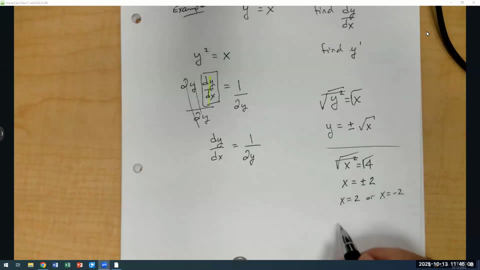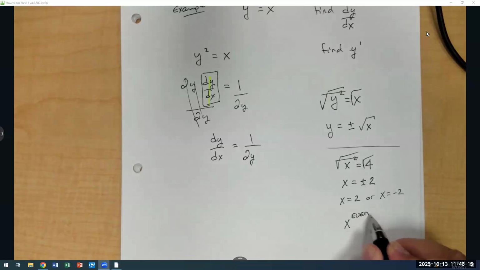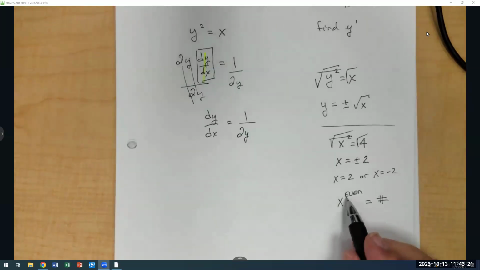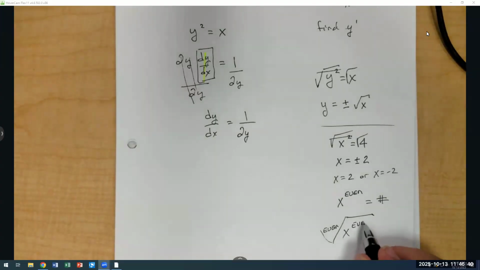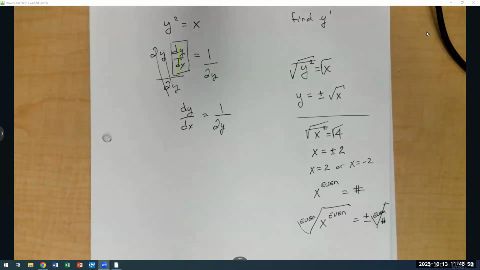Whenever you have x to an even exponent, whenever the degree is even, and you take the even root of that equation, it's always going to equal plus or minus that even root.